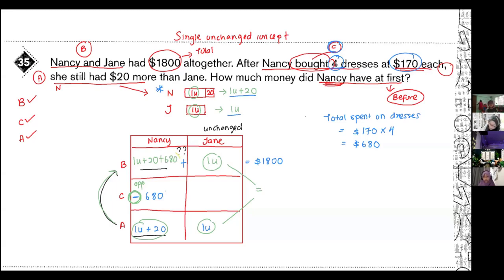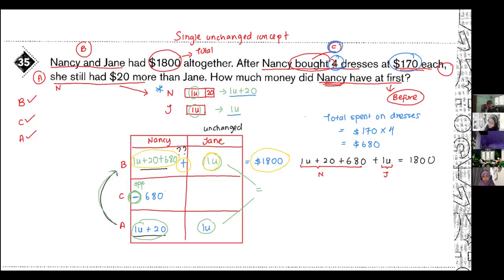I have 1 unit plus 20 plus 680 plus 1 unit equals 1800. So I can rewrite this information, right? So 1 unit plus 20 plus 680, plus 1 unit for Jane, equals 1800. So you can see that this information is Nancy. This information is Jane. Correct?